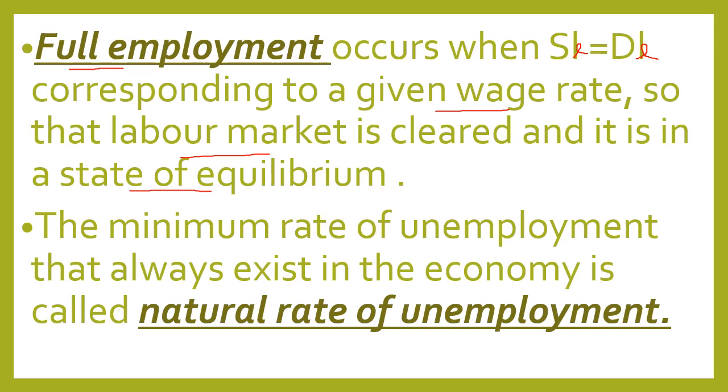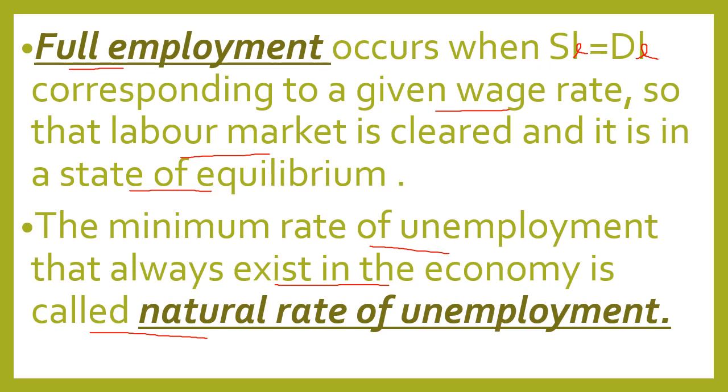Now the situation of full employment doesn't mean there is zero unemployment. There always exists some degree of unemployment in the economy which is known as natural unemployment, and the minimum rate of unemployment that must always exist in the economy is called natural rate of unemployment.